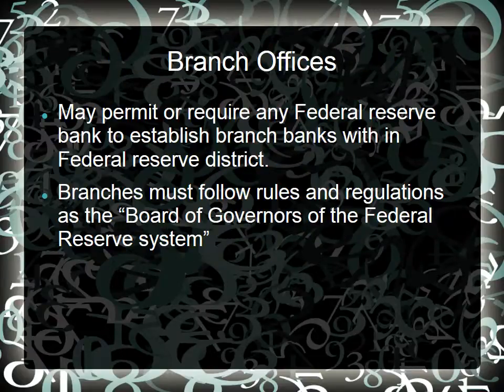The Board may permit or require any Federal Reserve Bank to establish branch banks within Federal Reserve districts. Branches must follow the rules and regulations of the Board of Governors of the Federal Reserve System.